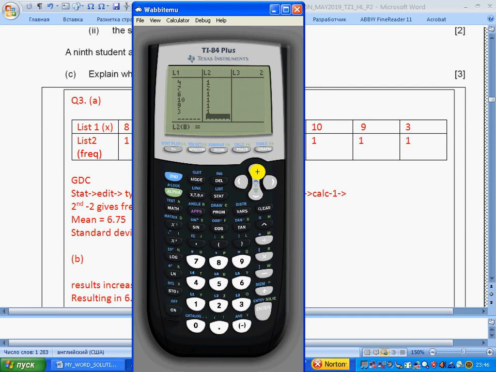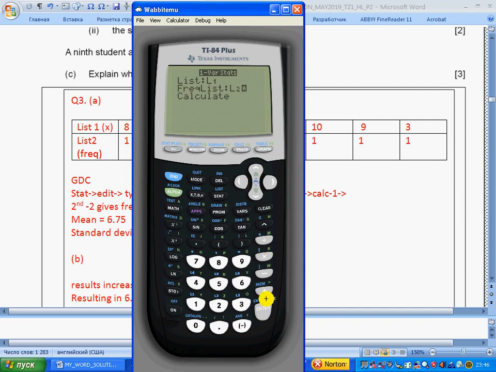Now again we press STAT. Now we need to calculate. We use CALC, first column, first row. The list is L1, and for the frequency list we go down and put L2, pressing second and then 2. You see L2 appeared.